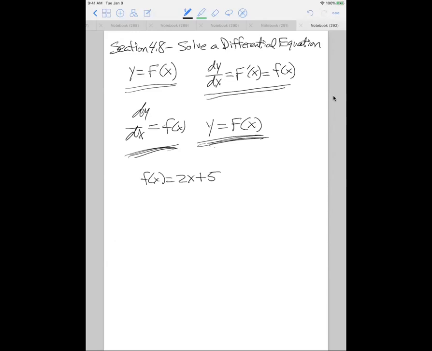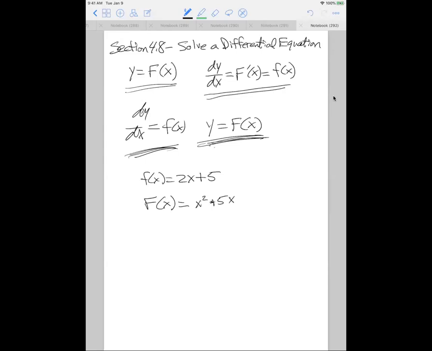So capital F of x is going to be equal to, stop and think now, what did you have to take the derivative of to get 2x? It's x squared. What did you have to take the derivative of to get 5? To get the constant result, we had to have plus 5x.